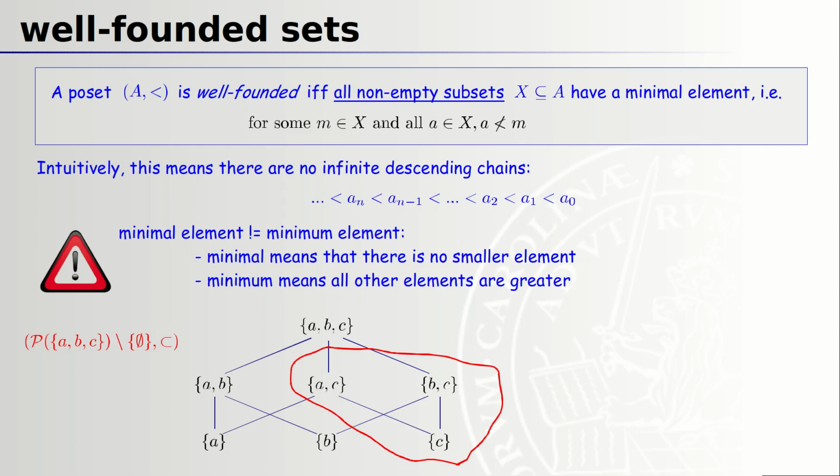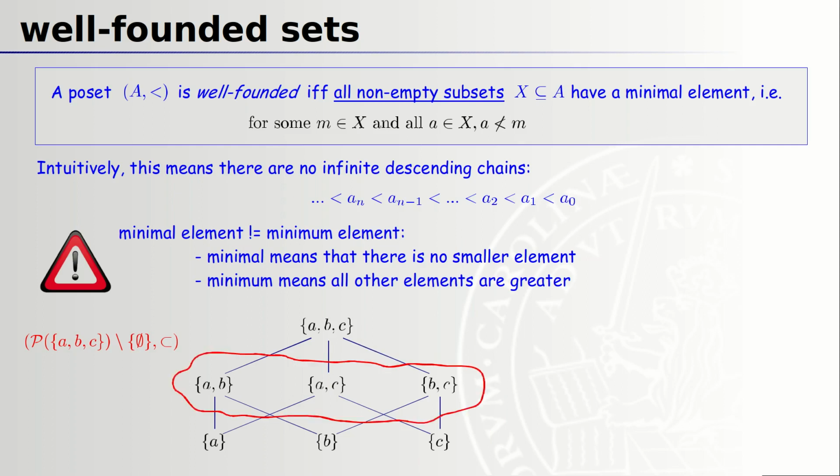This subset actually does have a minimum element, which then is of course also its only minimal element, the singleton set containing C. Finally, all the elements of this set are minimal, and of course there is no minimum.